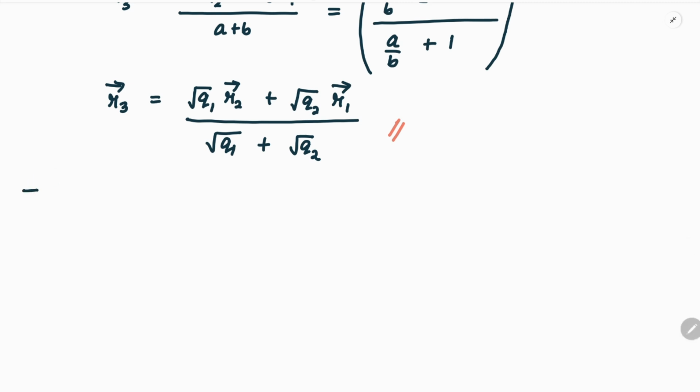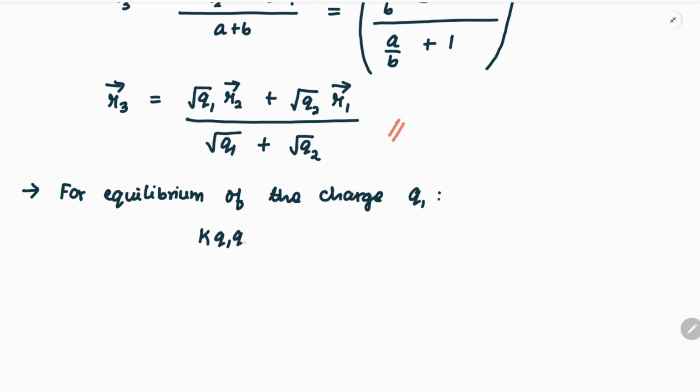So for equilibrium of charge q1, we can say k q1 q3 by a square, the separation between the third charge and first charge being a, must be equal to k q1 q2 by a plus b square, the separation between the first and second charges.